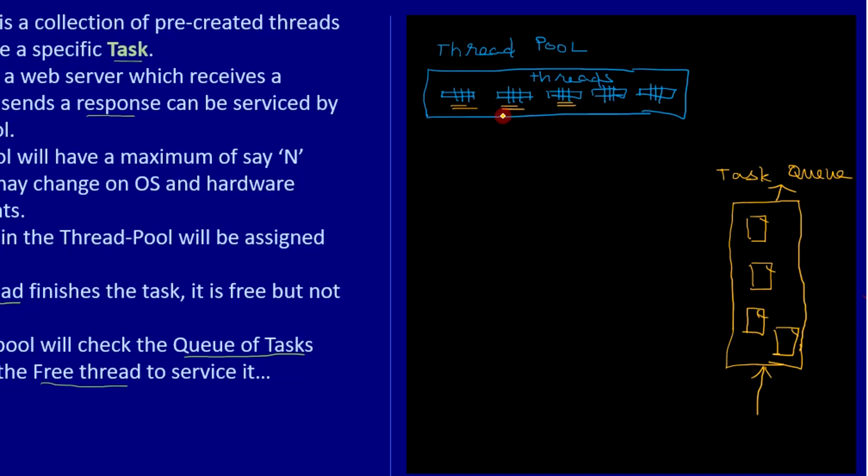Let's assume like this. So the thread pool will look for a free thread. Say for example, this thread is free, and it looks at the task queue also. Let's say this is the first one in the queue. So it picks the task and it picks the thread as well and assigns the task to the thread.